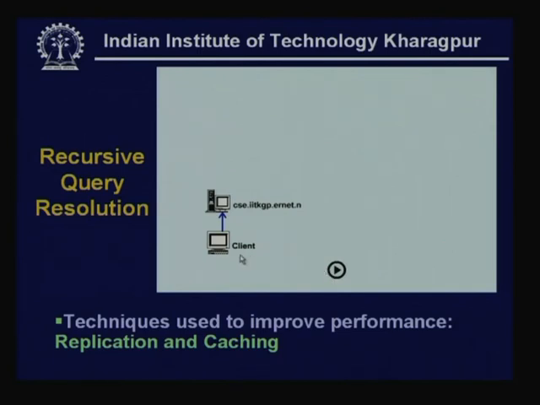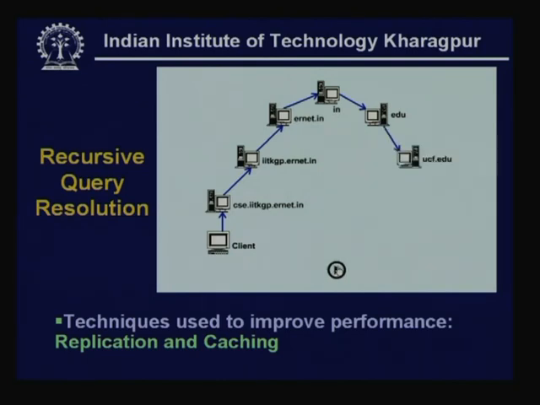So, the client sends the query to the next server. So, CSE IIT KGP ERNet in, then it sends to the next server IIT KGP ERNet in, that query goes to the next higher domain, then it goes to the ERNet in, then it goes to the in, and it goes again to the edu, and if the information is not available there, then it goes to the UCF edu, and it goes to CS UCF edu, and it definitely has the record, and it sends the IP address and goes back to the client.